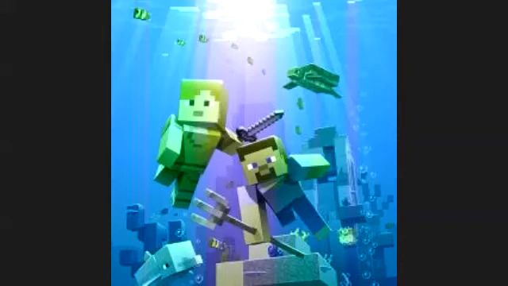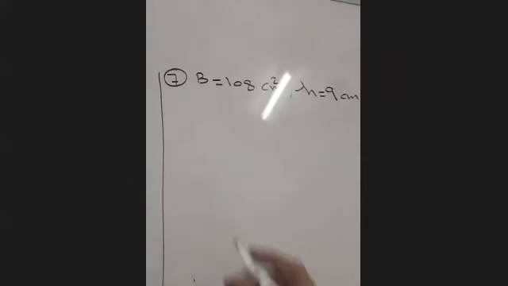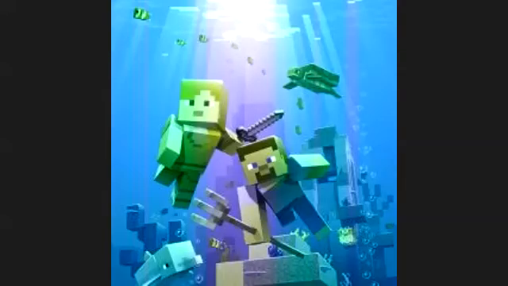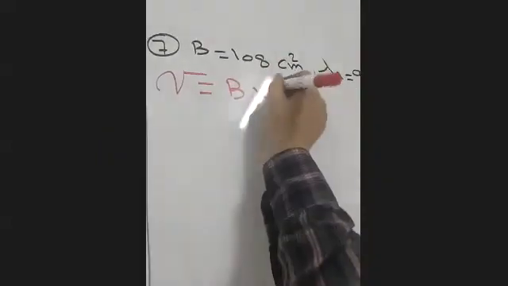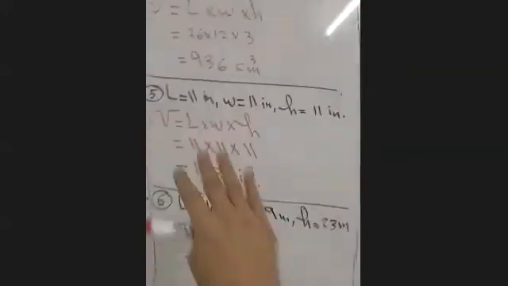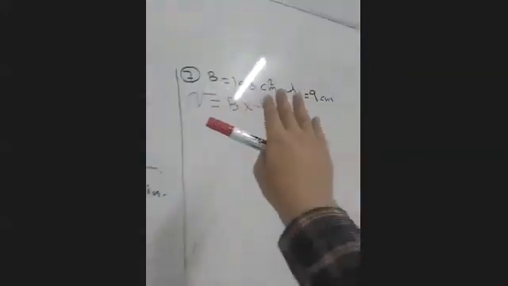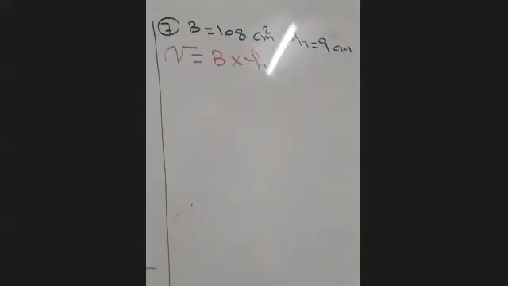So here we will write the formula. What's the formula? V equals B multiplied by H. Big B multiplied by H, not linked with height, because here the given is the base area, right?